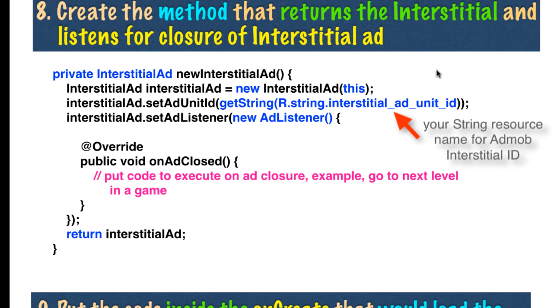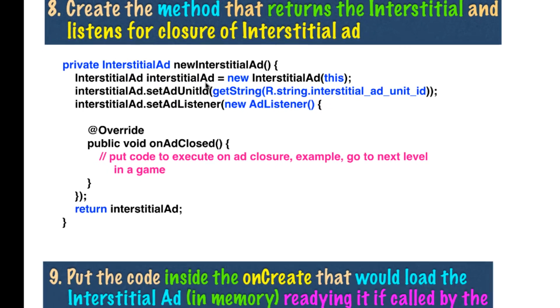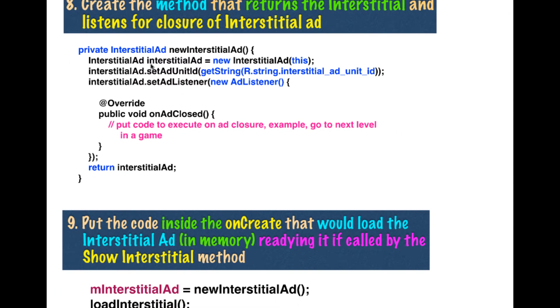So I'm gonna explain this better in the next step. So here we have a return statement here for the private interstitial ad created here, or this is a variable here, you create this one.